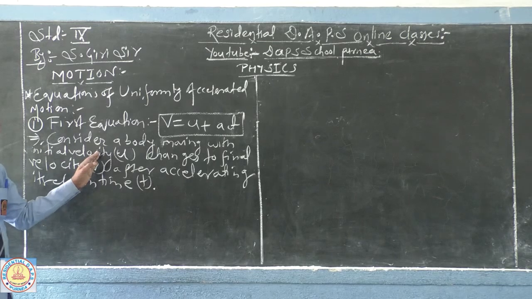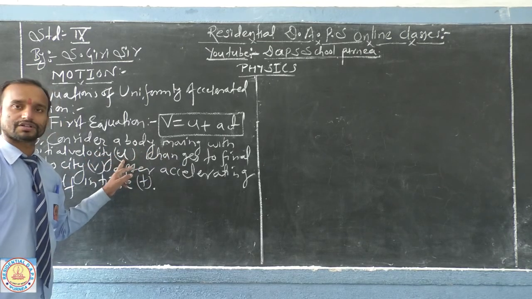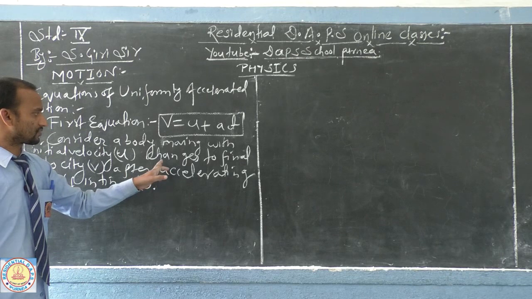Initially a body is traveling with the initial velocity u meter per second.